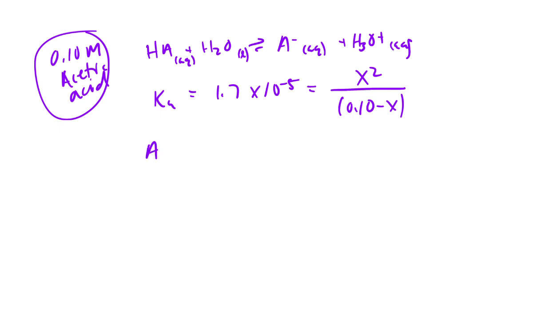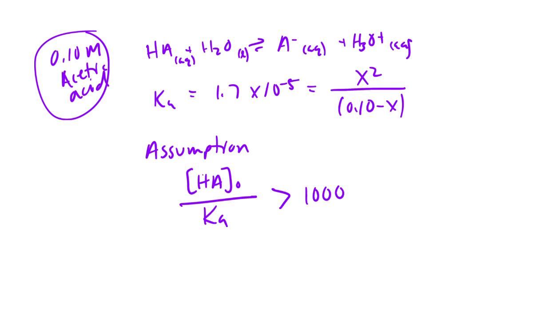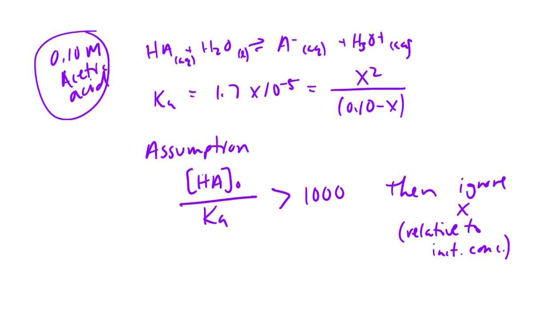The assumption is that if the initial concentration of HA, the 0.1 molar in this case, divided by the Ka is greater than 1,000, then you can get rid of X. Again, if the initial concentration of the weak acid divided by its Ka value is greater than 1,000, then we can ignore X, but only the one that's relative to the initial concentration.